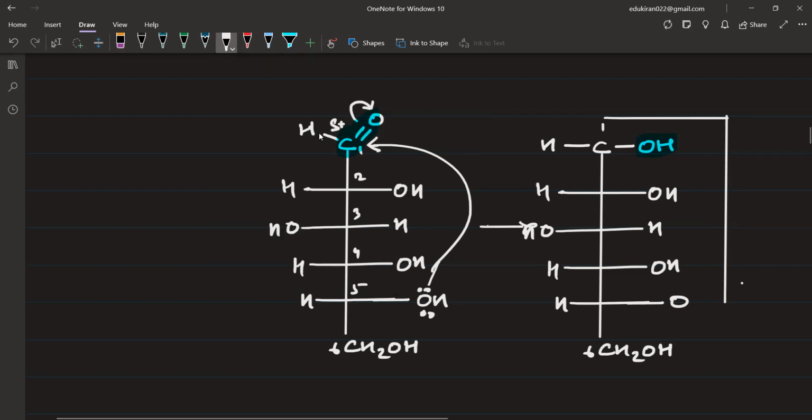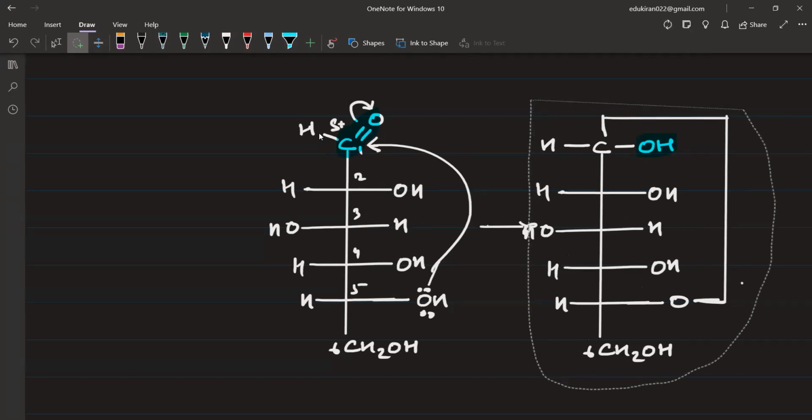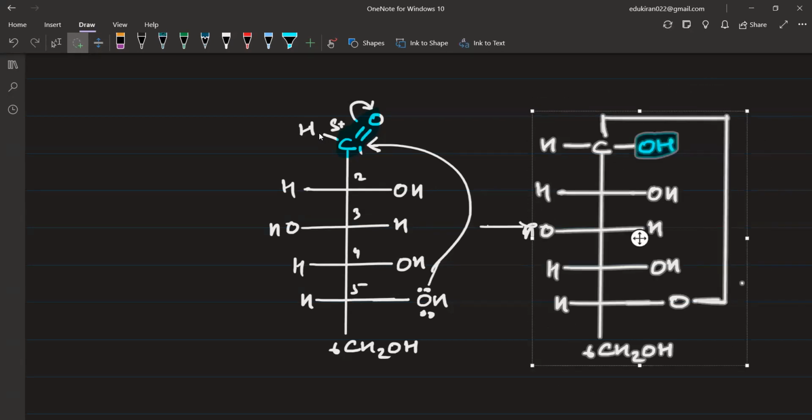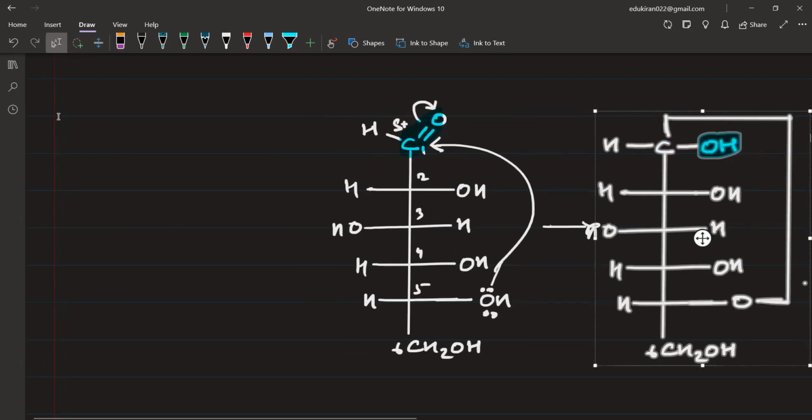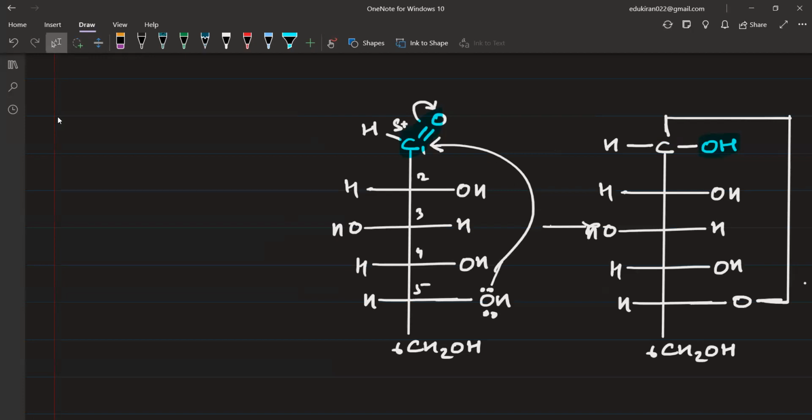Like this you have the cyclic structure. ठीक है, तो एक तो आपके पास क्या हो सकता है, OH can go in this direction and the other way around is what, or else what else can happen?